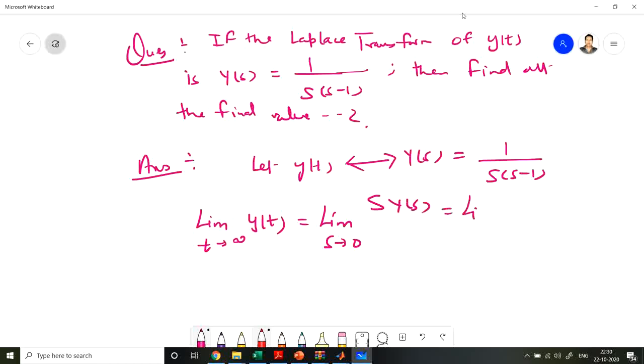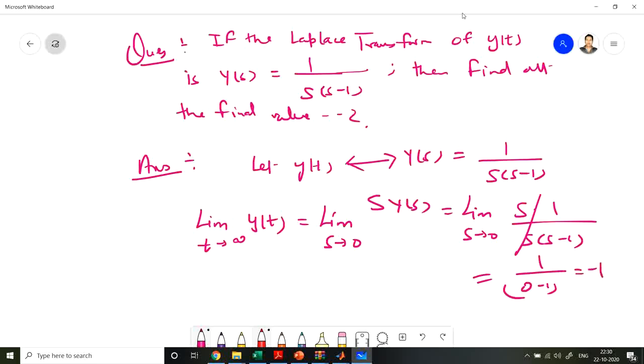So it is limit s tends to 0 of s into 1 divided by s minus 1. We are getting 1 divided by 0 minus 1, which is minus 1. But this is a wrong answer. Why? Because if we find the inverse Laplace transform of this signal, we will find that it is unbounded. So we have to check whether the signal is bounded or not.